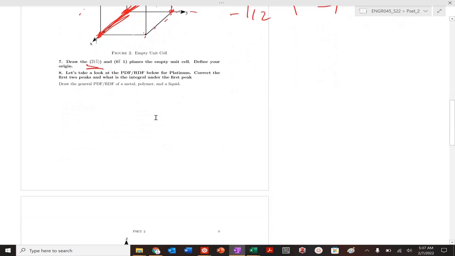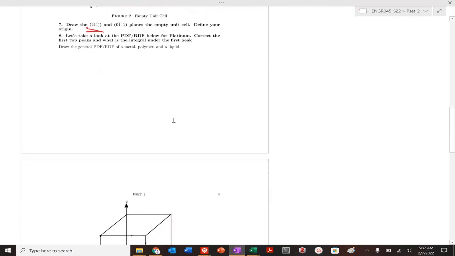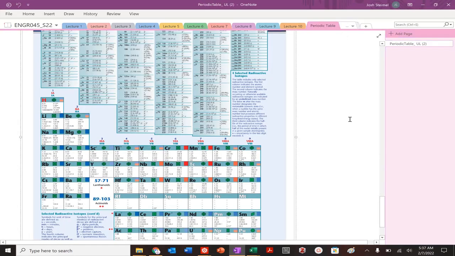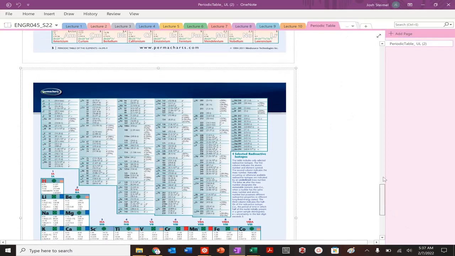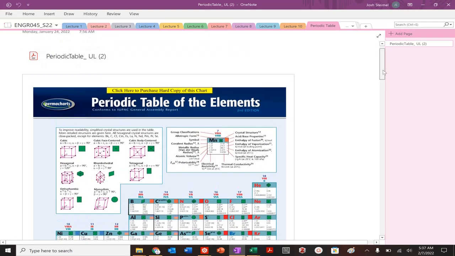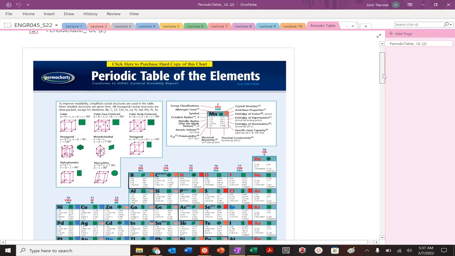Let's look at the PDF for platinum. Correct the first 2 peaks, and what is the integral in the first peak? Well, we need to look at what platinum is. So let's go ahead and decrease our screen. So I'm going to look at platinum. And in my periodic table, where is my platinum? I have my crystal structure.